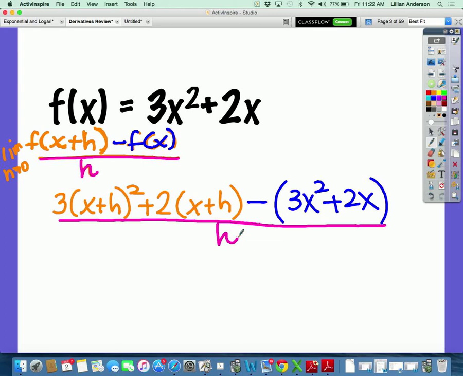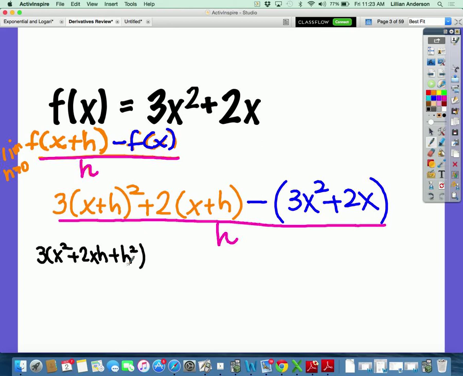Alright? So now we simplify. Okay? First thing we need to do is expand that x plus h squared by foiling. So that's x squared plus 2xh plus h squared.